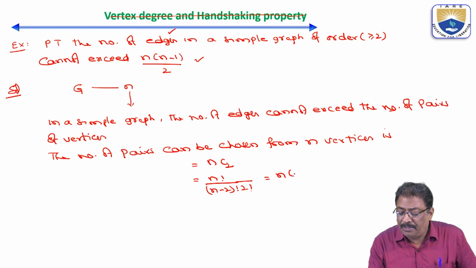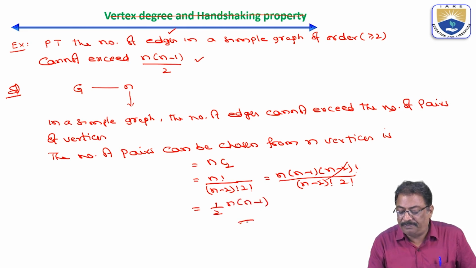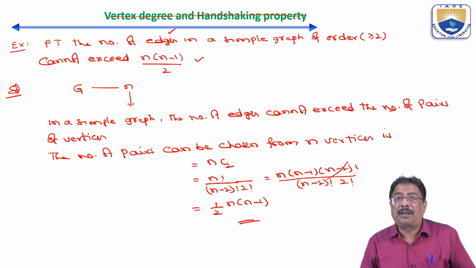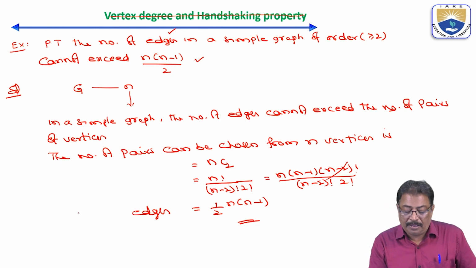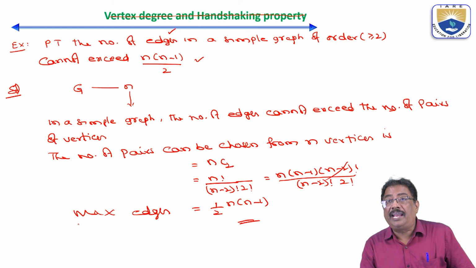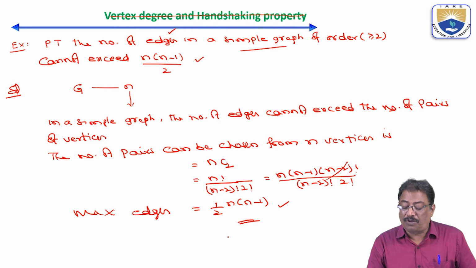This is n into n minus 1 into n minus 2 factorial by n minus 2 factorial into 2 factorial. These two get cancelled, so it is 1 by 2 n into n minus 1. These are the maximum number of edges. Each pair can be represented by selecting an edge. So the maximum number of edges in any simple graph is n into n minus 1 by 2.